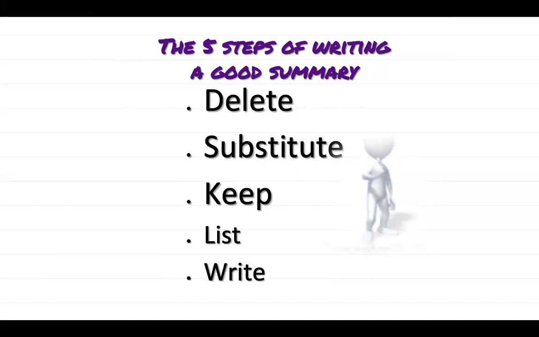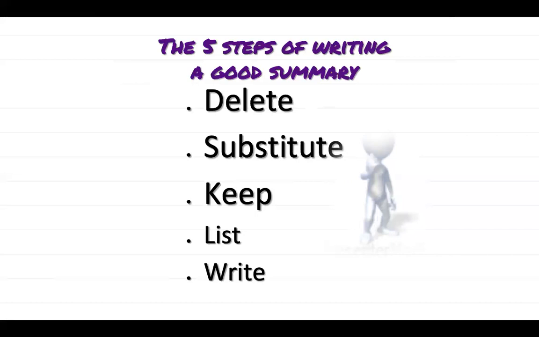Delete all unnecessary words, phrases, repetitions, examples. You substitute whatever it is that you've deleted using one word or one phrase or maybe 2 words. So if I've listed pears and oranges, avocados and apples, all those become fruit, or fruits, depending on how you're writing.